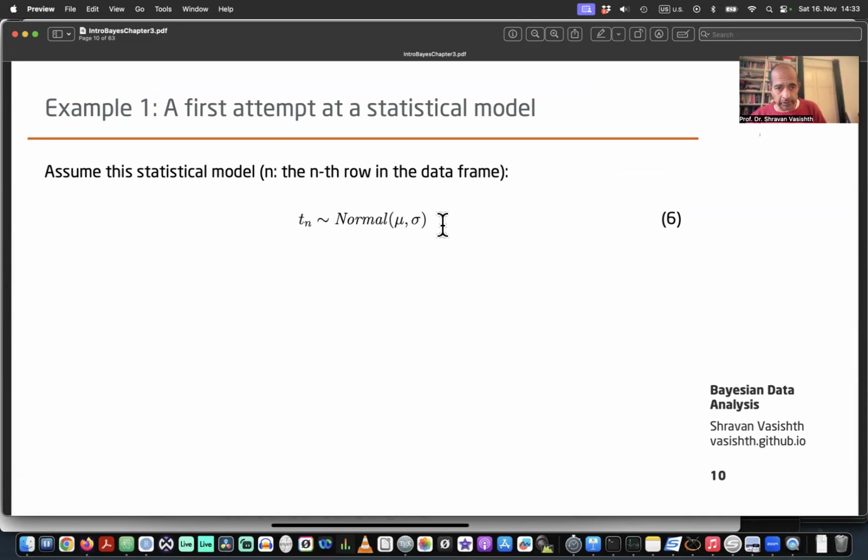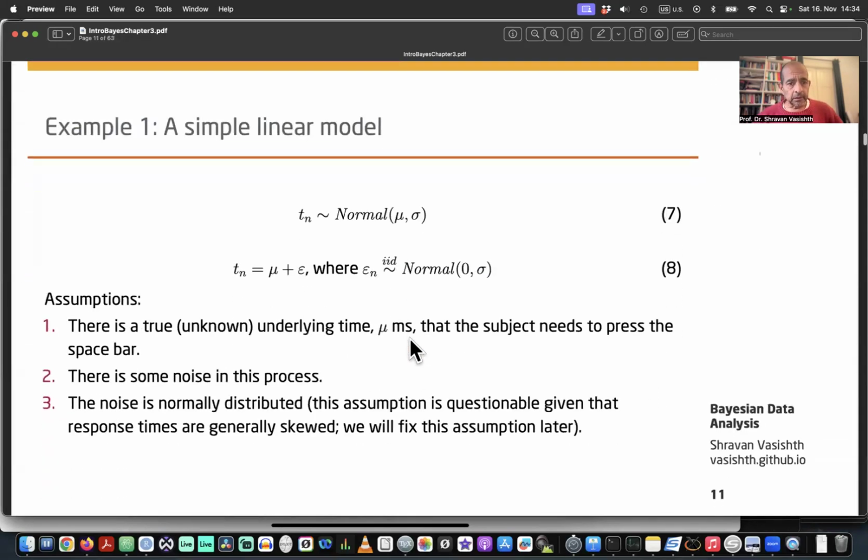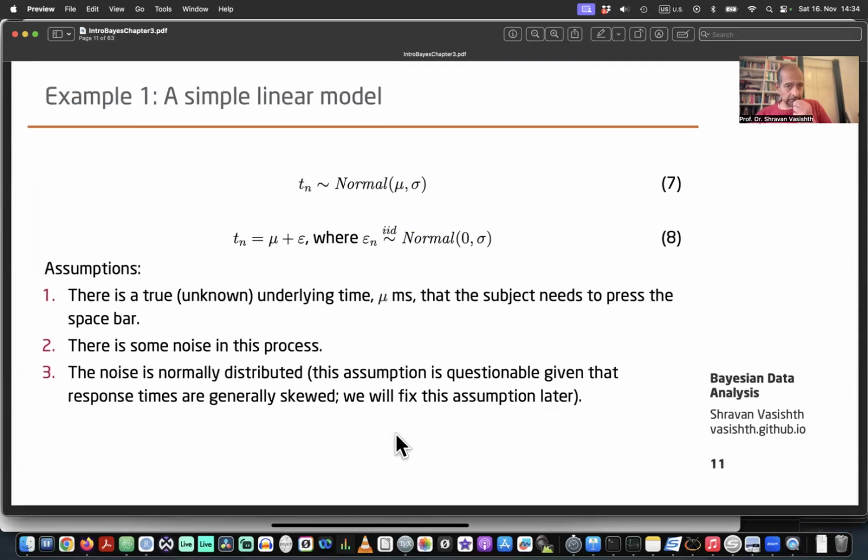So what we are assuming here is that every data point in the entire data frame is being generated from a single normal distribution with a single mean and a single standard deviation. Okay. So the linear model is what I just showed you earlier when I wrote it down on the iPad. So we've got a simple linear model here. This mu represents the intercept and is also the mu in the normal likelihood.